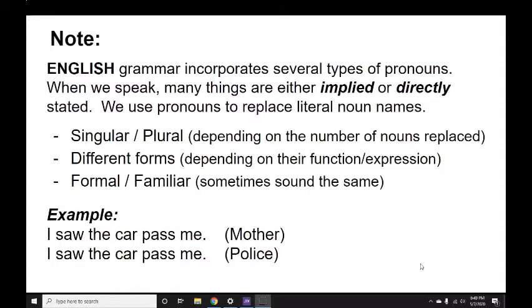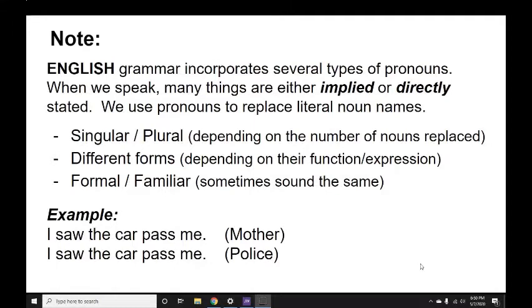So the first thing we're going to note about English grammar is that it incorporates several types of pronouns. When we speak in English, many things are either implied or directly stated. We use pronouns to replace literal noun names, as a substitution. When we use pronouns in English, we either use a singular or a plural pronoun, depending on the number of nouns being replaced.